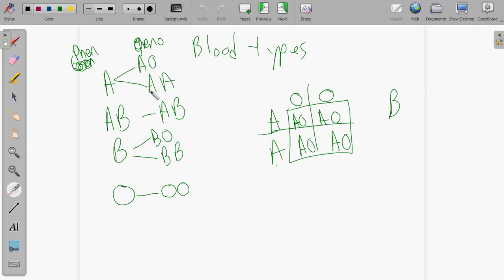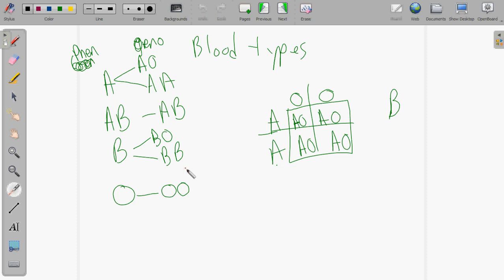Blood types. So the phenotypes for blood type are going to be A, AB, B, or O. Right? That's what it's going to say on your blood donor card. Genotype is the actual genes you have. So for type A, you could be AO or AA. Okay?